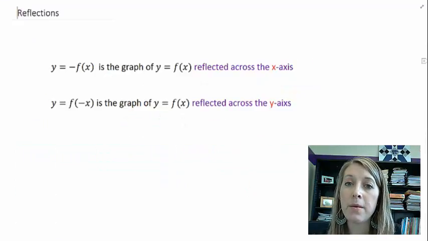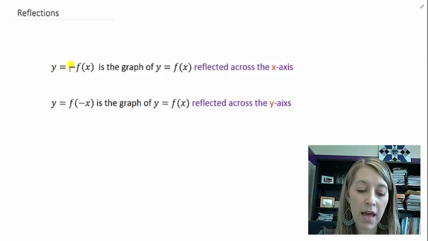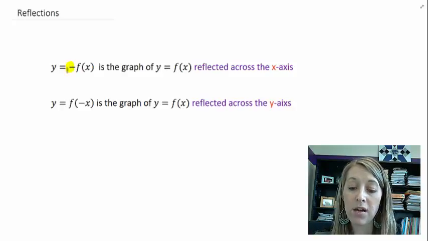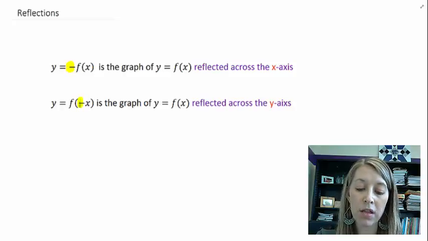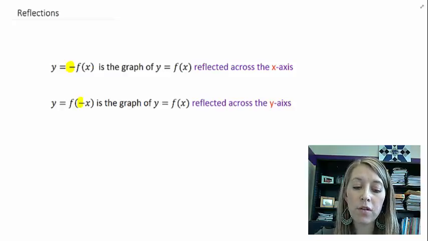Okay, it happens by multiplying by a negative. If we multiply by a negative on the outside, it reflects it vertically. If we multiply by a negative on the inside, it reflects it horizontally. So hopefully you'll start to see a theme here.